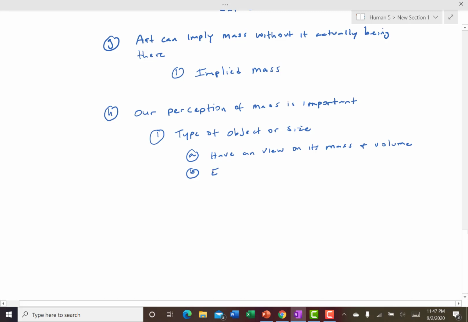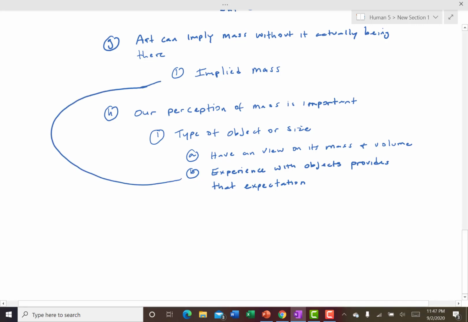Right, so our experience with objects provides that expectation, let's say. And this is where the artist can play with implied mass, with this expectation. Artists take that and can mess around with it.